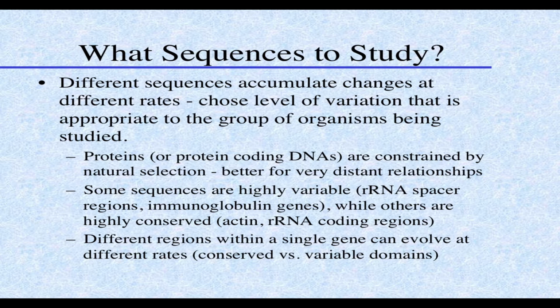Different sequences in the genome accumulate changes at different rates. Highly conserved sequences that have important biological functions that are tightly constrained by shape, therefore are unlikely to vary much over time, will allow you to make phylogenetic trees for more distantly related organisms.